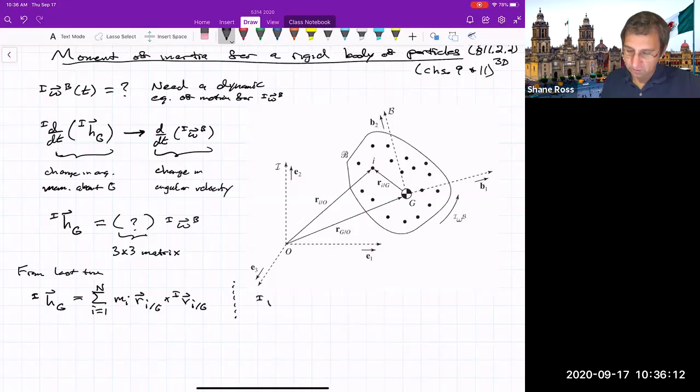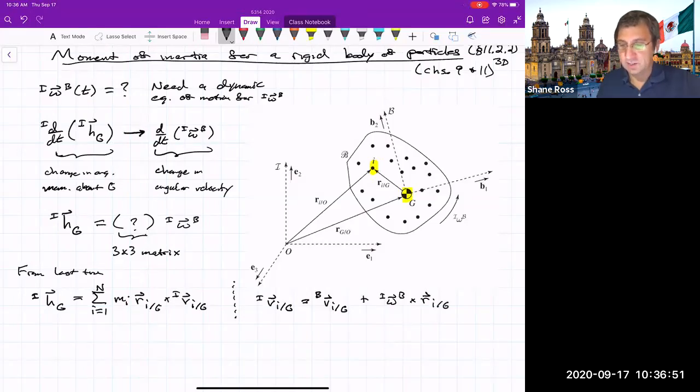The transport equation says that the inertial velocity of a particle i, here's particle i in this schematic, here's the center of mass G, with respect to the center of mass equals the velocity of particle i with respect to G in the body fixed frame plus the angular velocity of the frame cross r_iG.